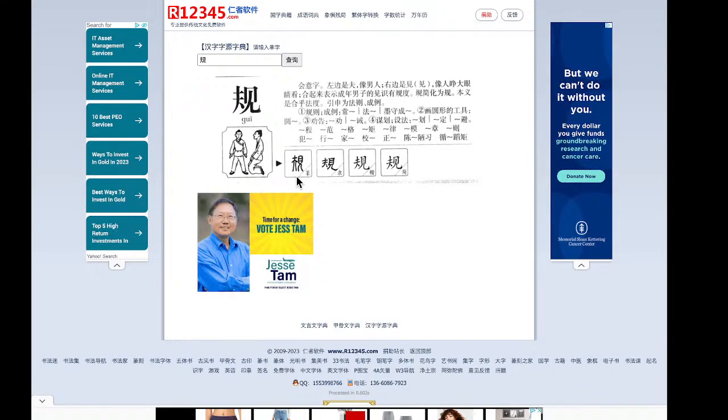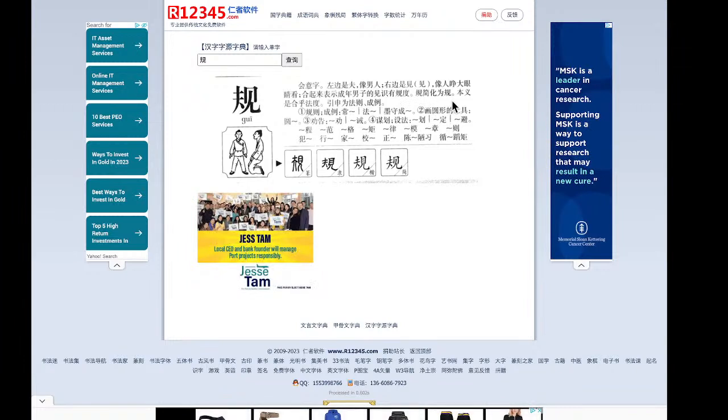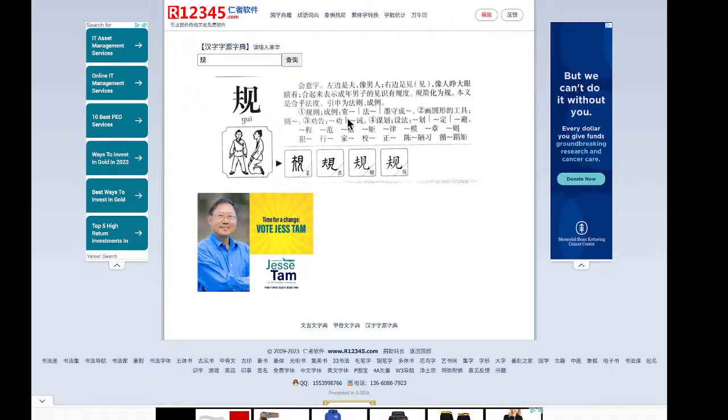So this is probably depicting a social order, I guess, and then it refers to law, to rules, things like that. So this is 规.